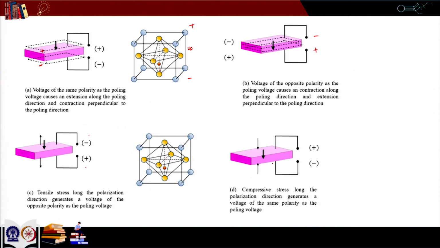And again the reverse happens when we apply compressive stress along the thickness direction. So, with the help of this perovskite structure, we can explain the direct and inverse phenomena: where it is stretching, where it is contracting, when it is generating a positive voltage, when it is generating a negative voltage, and so on. Thank you.